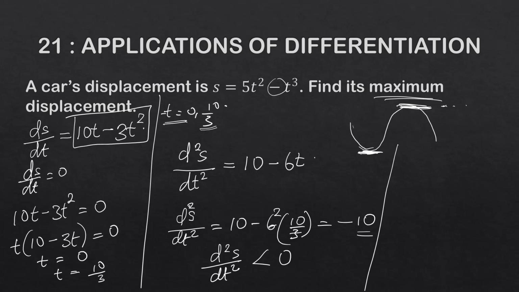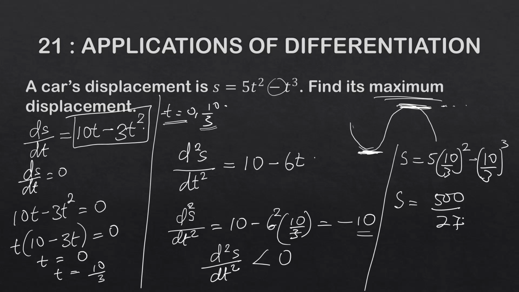The value of the maximum displacement is obtained by substituting into s equals 5 bracket 10 over 3 squared minus 10 over 3 all raised to power 3. If you simplify this expression, s is going to be 500 over 27, which is about 18.52 units. This is the value at the maximum, at t equals 10 over 3.